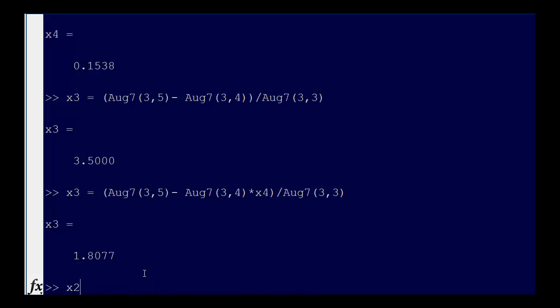So then we say x2 equals, so that'll be b2, so that'll be og7 2 5, so that'll be the b entry, minus og7.